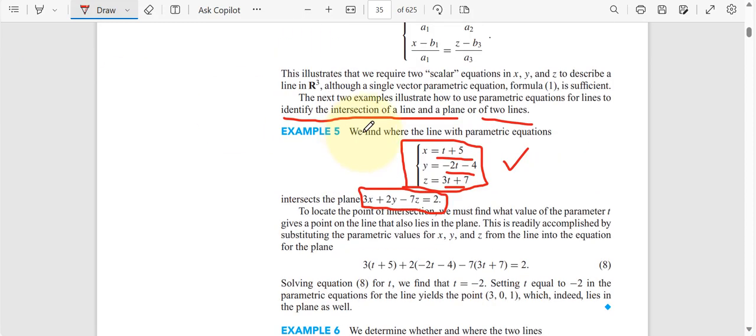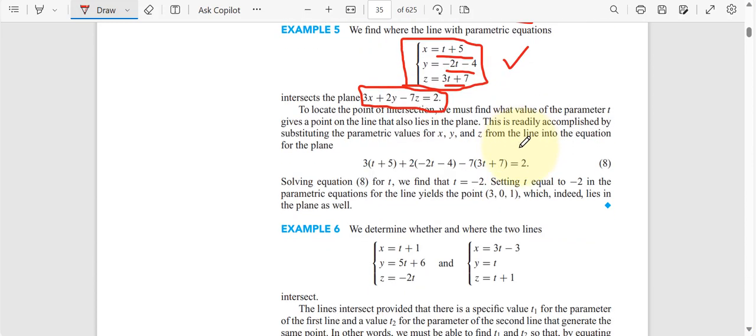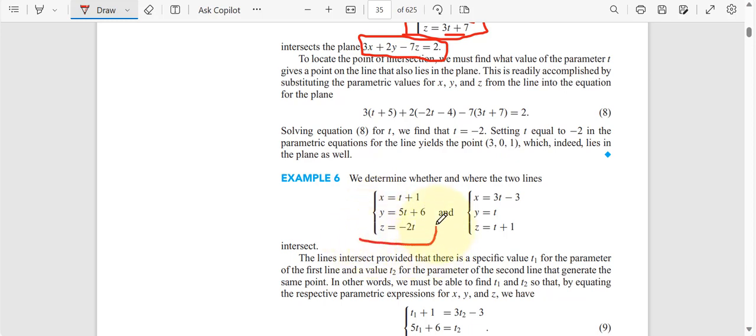Okay, the next task that we wanted to do was identify the intersection of two lines. So they're going to give us two lines, and they're going to give us the parametric equations for those two lines. So here they are. This is a line, we already kind of accept that, and this is another line.